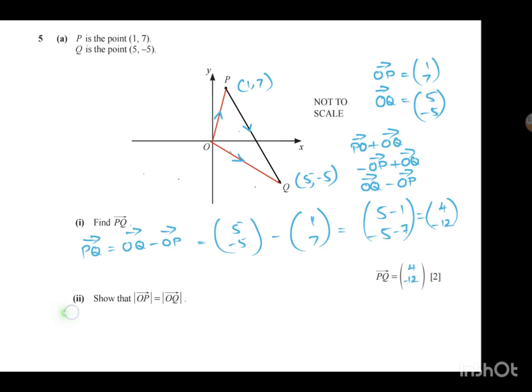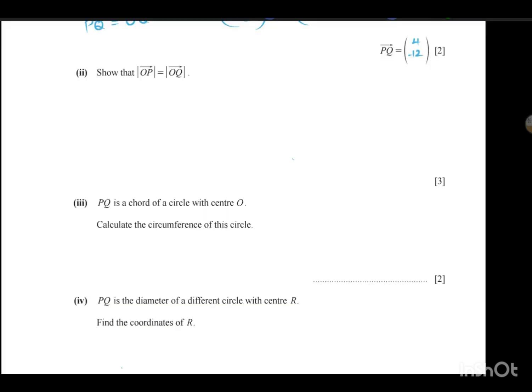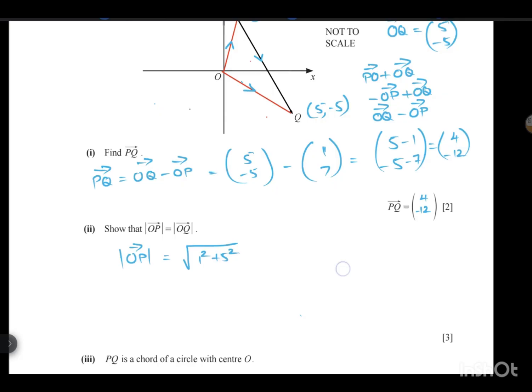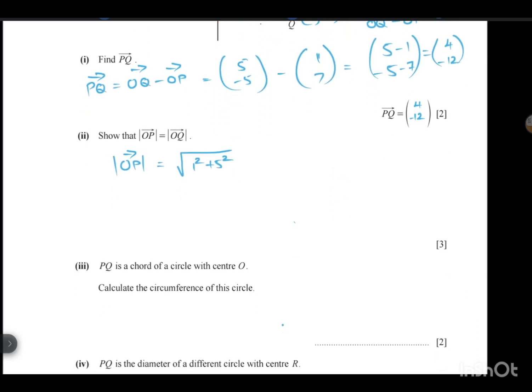Question number 2. Show that magnitude of OP is equal to magnitude of OQ. The magnitude of OP is the square root of 1 squared plus 7 squared, because P is (1, 7).